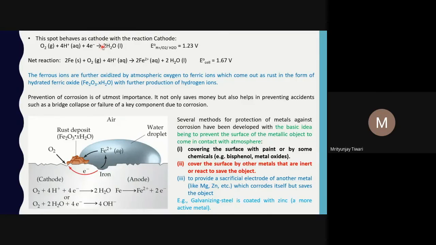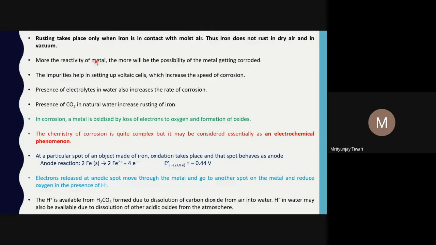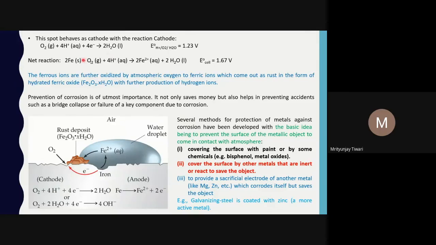The spot where the reduction takes place, where the electron goes and the water molecules and H+ ions are involved, is called the cathode. And this is the cathode reaction.